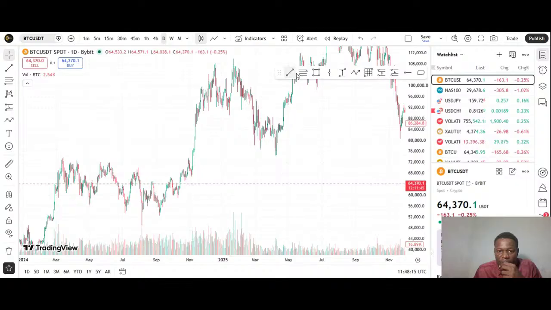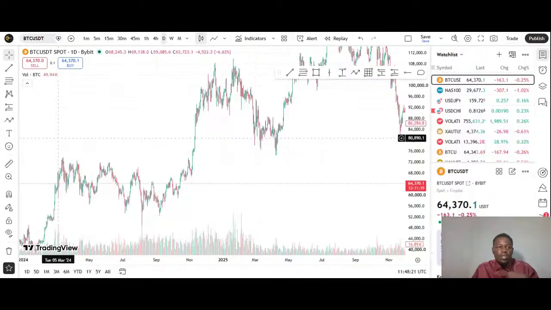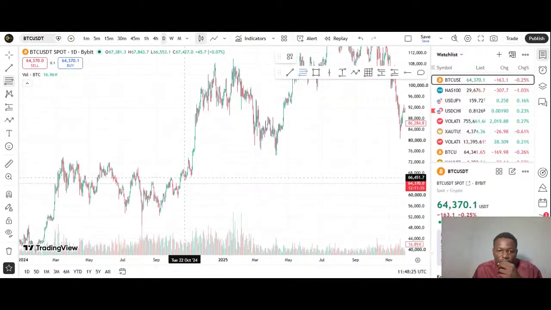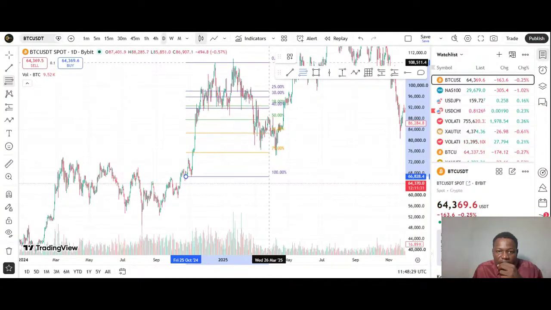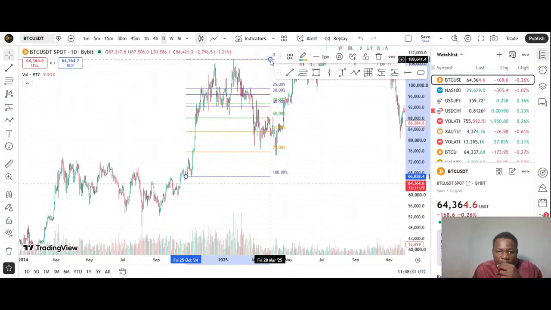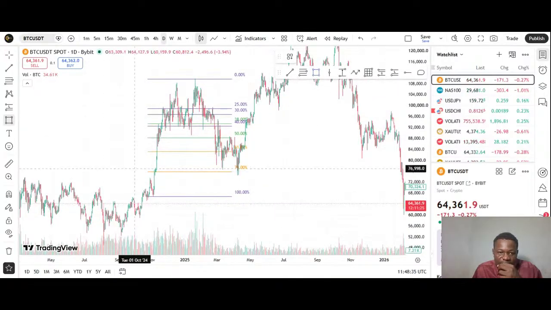See here, there was a massive buy. So you go from the swing low to the swing high. Do you see it? This is the golden zone.